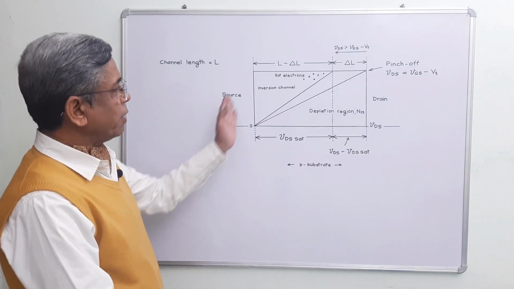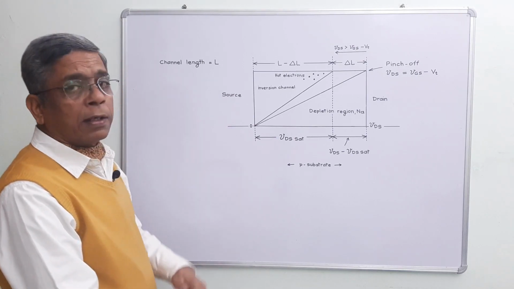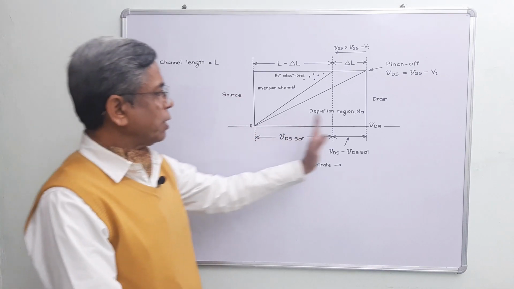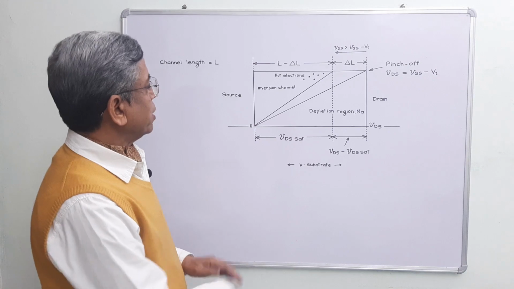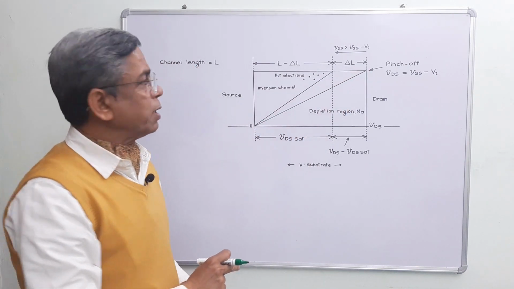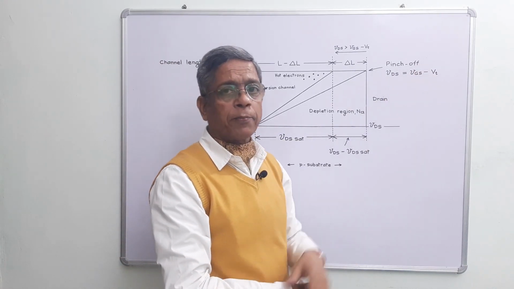This is the labeled diagram for an inversion channel of length L under the effect of channel length modulation. This is source, drain, P-type substrate, and this triangular shape of the inversion channel is for pinch-off condition where VDS is equal to VGS minus VT.